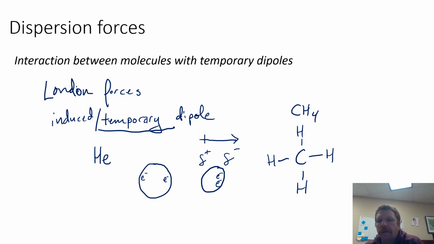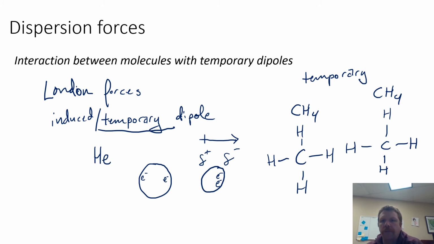Well, you do have some sort of interaction between adjacent CH4 molecules, though, and when it comes to intermolecular forces, it's obviously not going to be ionic interactions, not a dipole-dipole interaction, nor would it be hydrogen bonding. Instead, there is a force between these CH4 molecules, but it is in the example of a dispersion force or a temporary dipole.